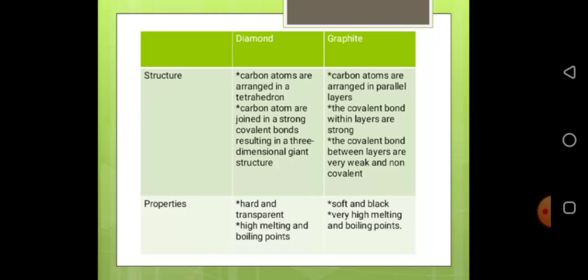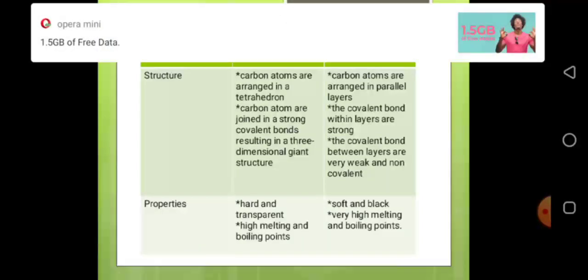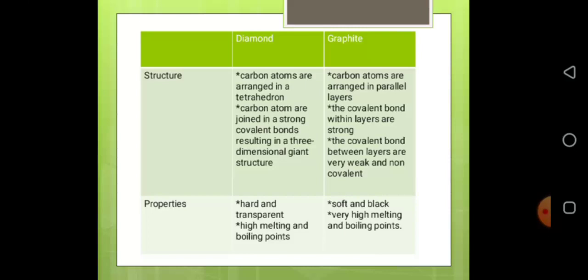In property, the difference is that diamond is hard and transparent. The property of diamond is that it is very hard. As a result, diamond is the hardest substance in the world, and no other element can cut diamond.